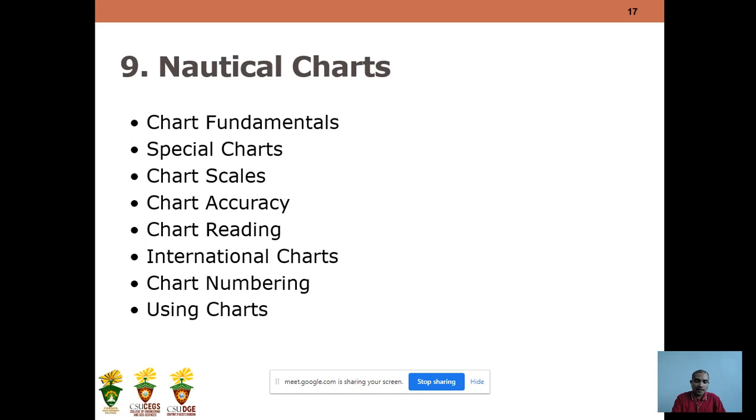Then the possible uses of the charts, we will discuss in topic 9.